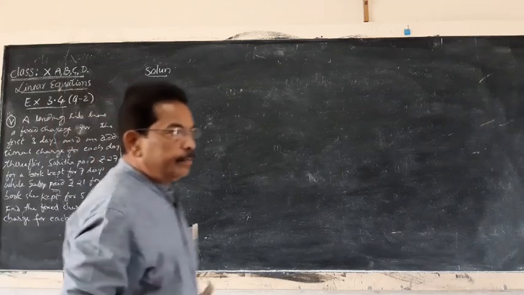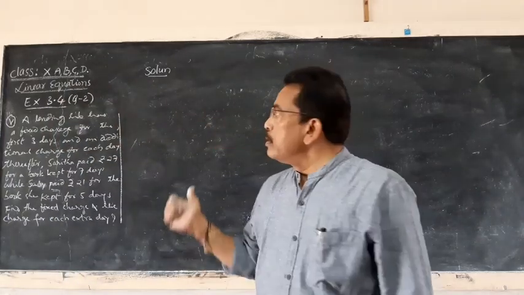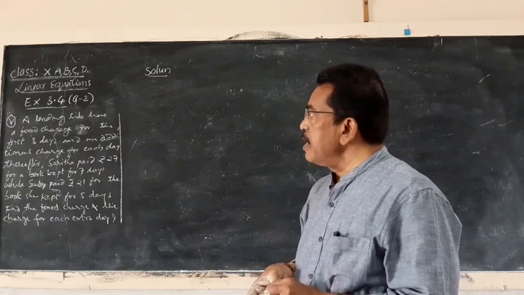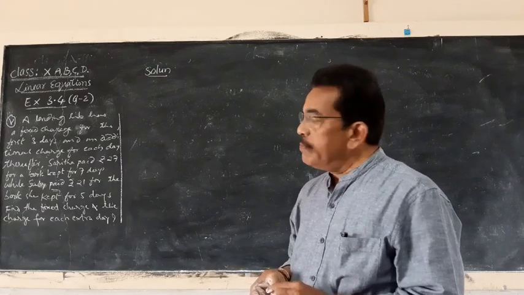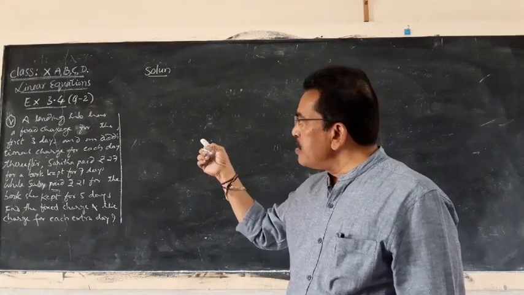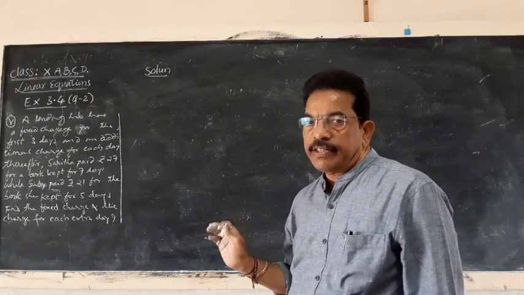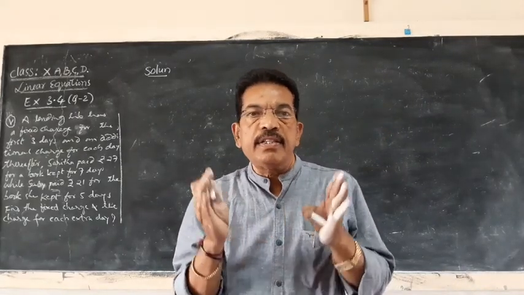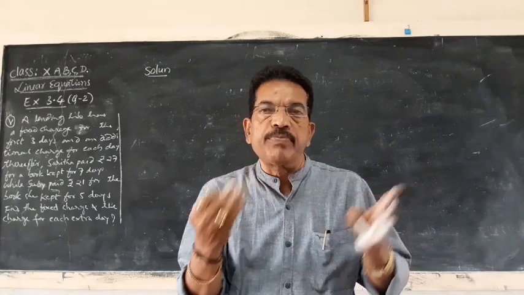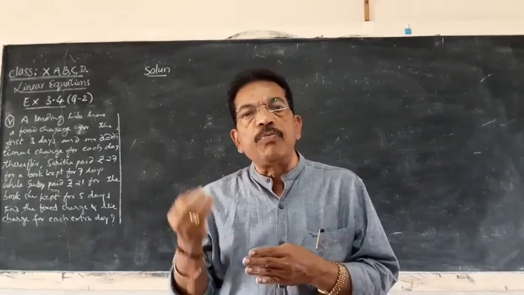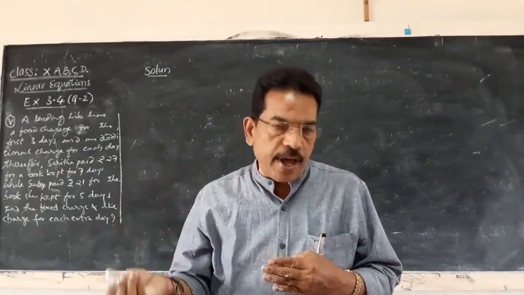See, the last problem related to exercise 3.4, the fifth one. A lending library has a fixed charge for the first 3 days. That means for the first 3 days there is a fixed charge, for example 10 rupees, 5 rupees, like that. If you take more than 3 days, you have to pay a certain amount, that is called extra charge.